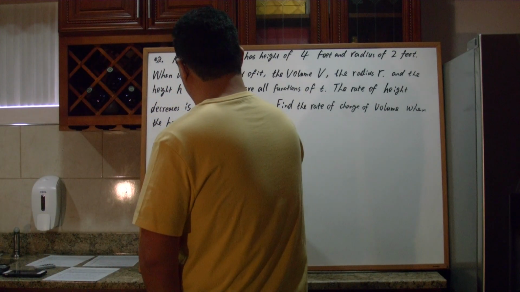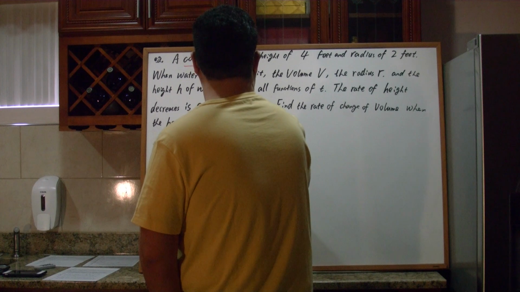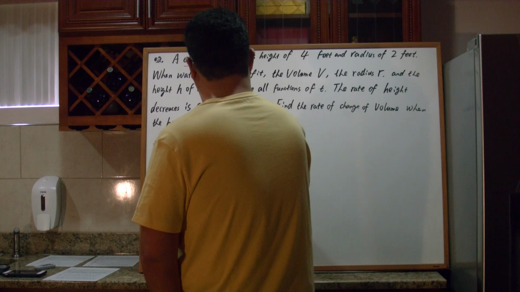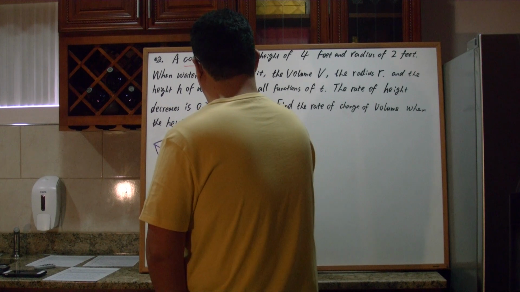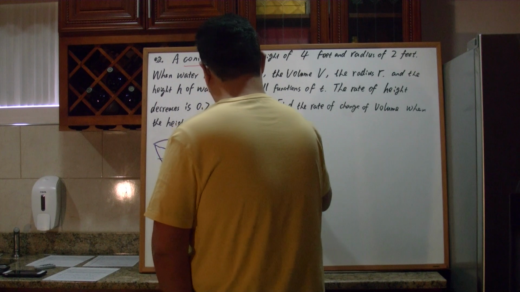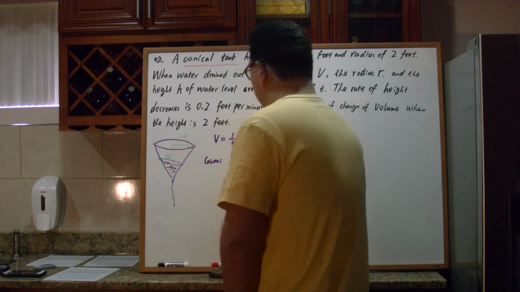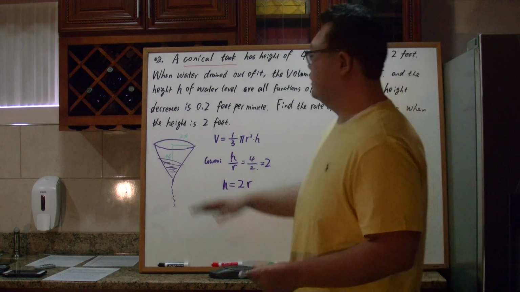The ratio between the height and the radius is 4:2, which means the height is twice the radius for any time remaining, right?